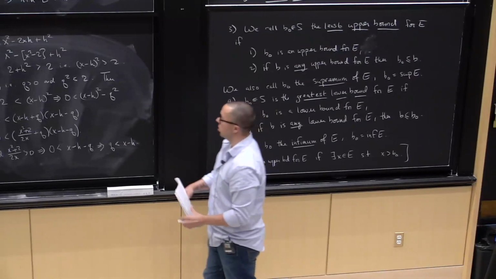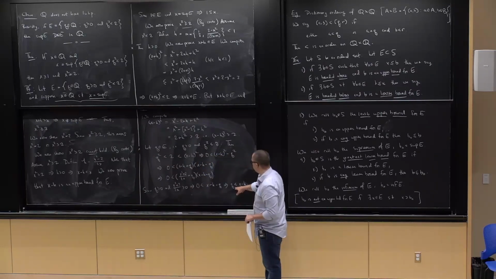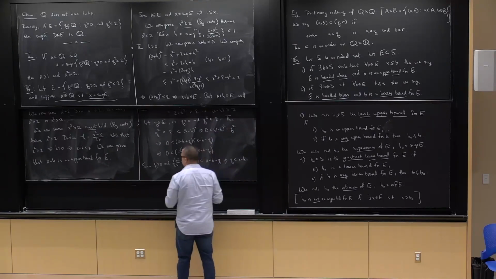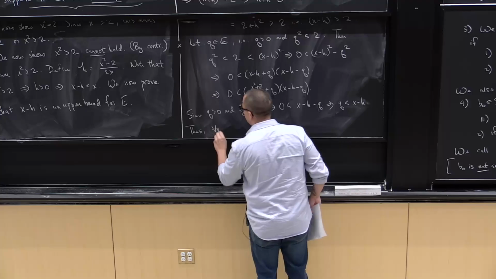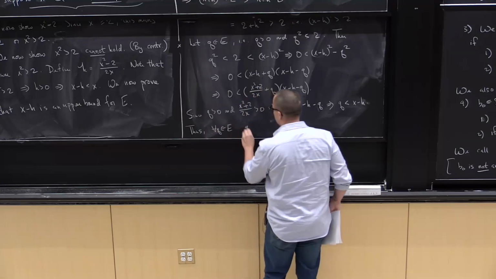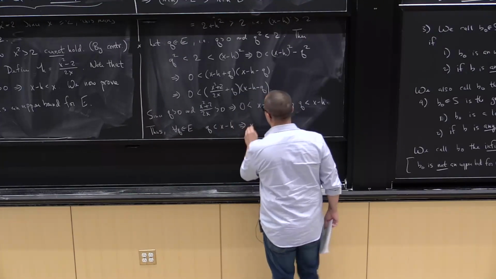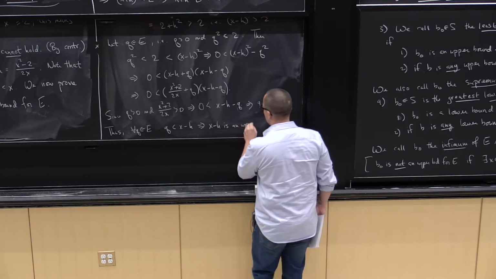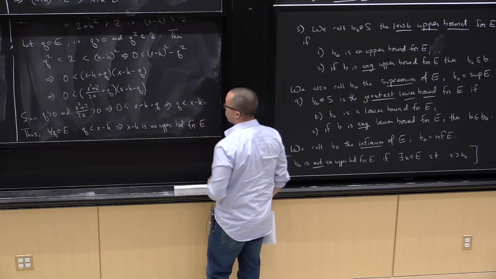All right, so we started off with an arbitrary element q of E, and we proved that q is less than x minus h. Thus, for all q in E, q is less than x minus h, which implies that x minus h is an upper bound for E.